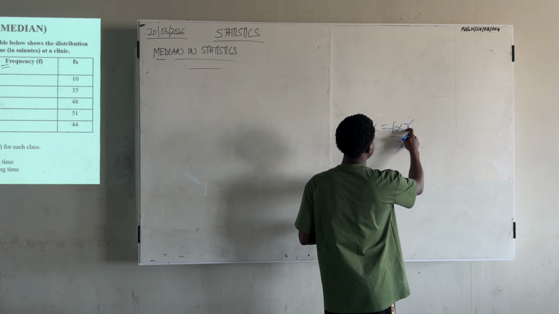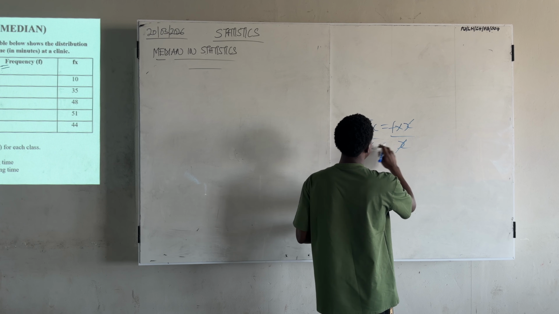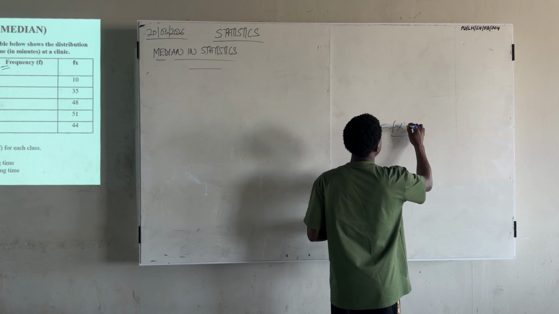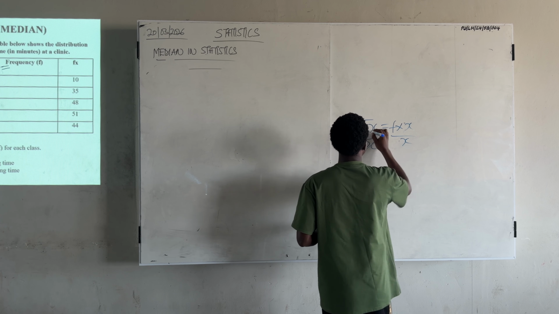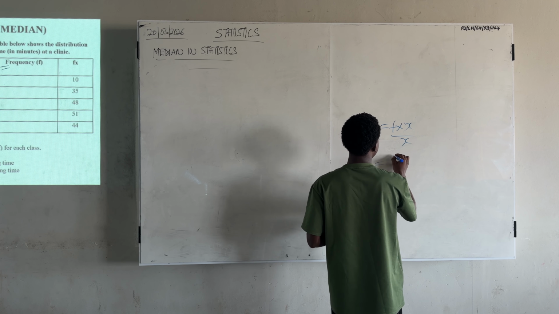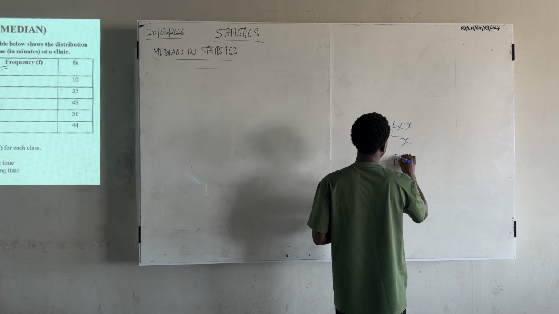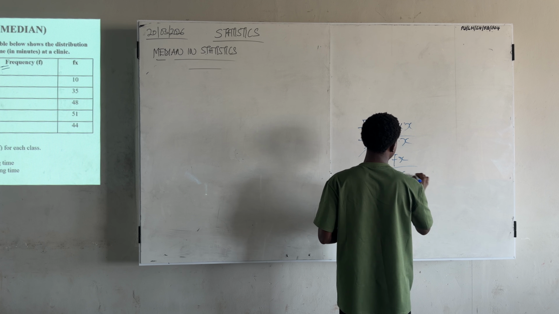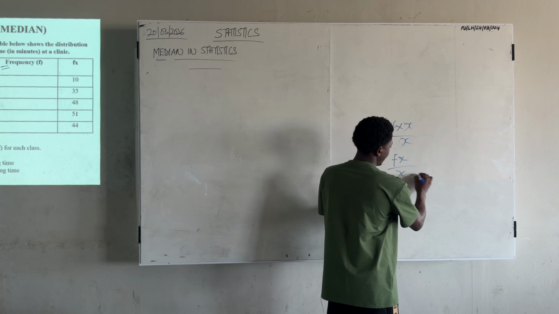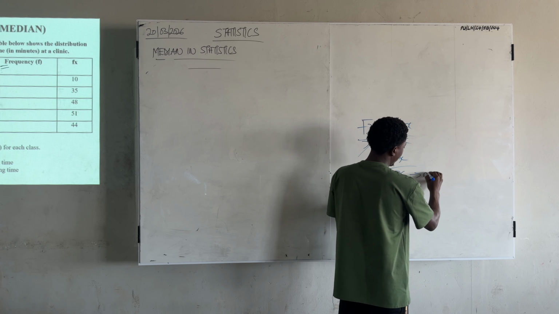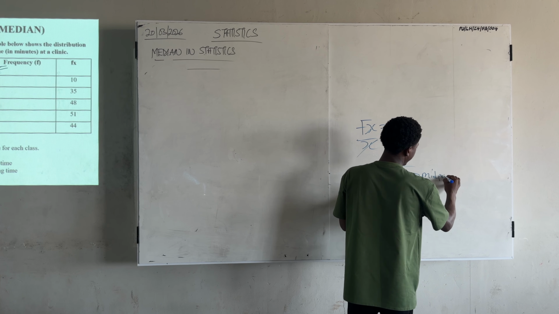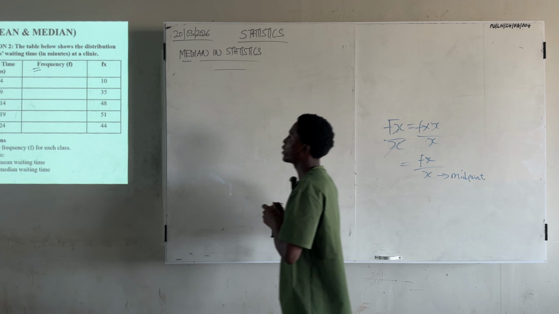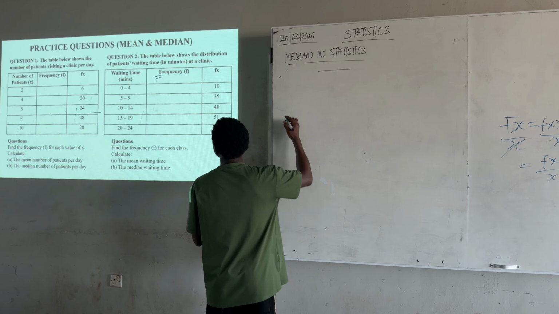This side is the one you cancel, we need the f. So f is equal to fx all over x, and this x over here is our midpoint.